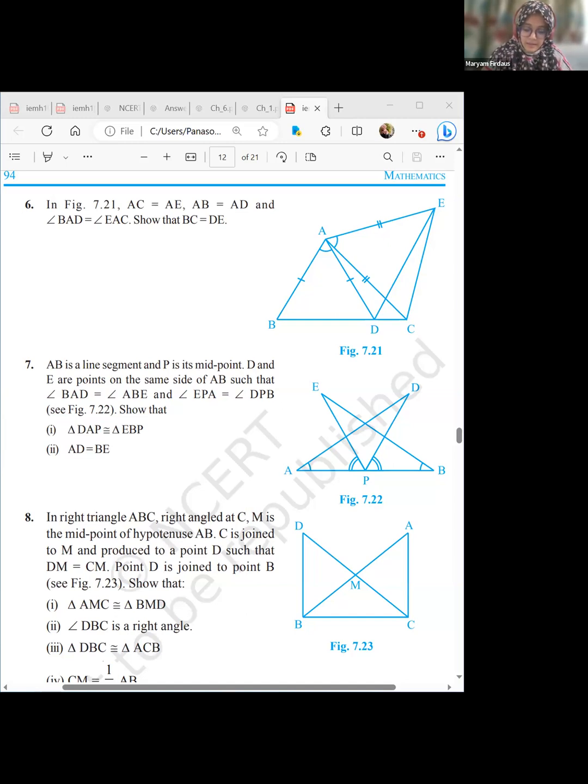X is again this one. So what is this plus this? What is the sum of these two angles? Which angle does it give us? It gives us angle BAC, the overall angle BAC.